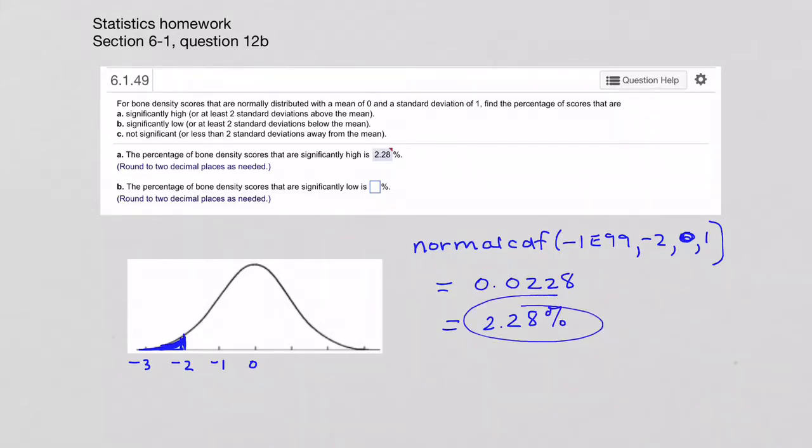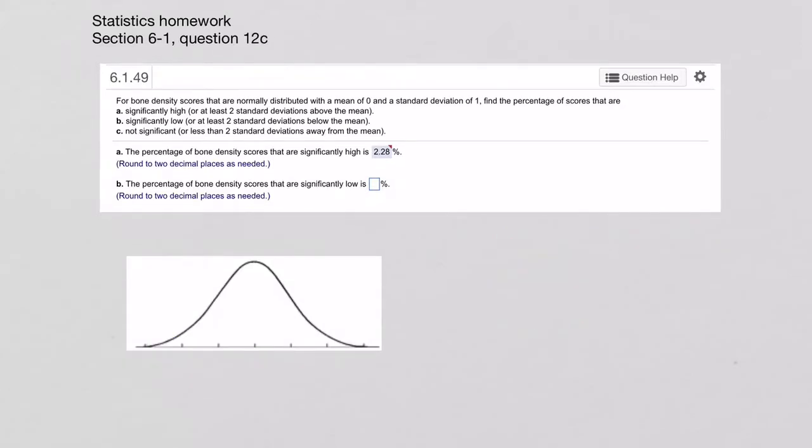Okay, so then finally, what percentage of scores are not significant, that are less than 2 standard deviations away from the mean? So now I want to go from -2 to +2. So notice this is going to be a large percentage.